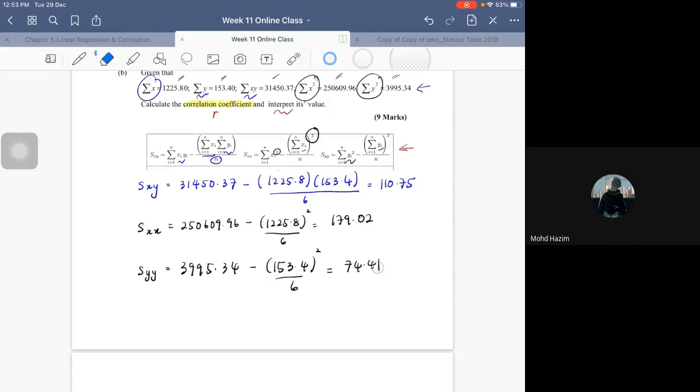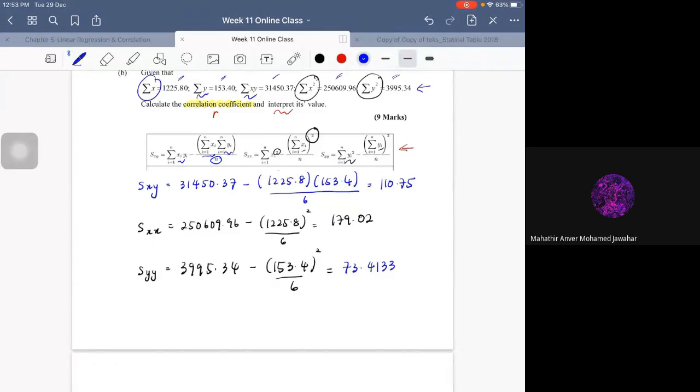So is it exactly 2 decimal places? Remember that we're supposed to do our calculation with 4 decimal places. So this is exactly 73.41. There's no more numbers at the back. 73.413, 3 again. Okay, so it's 73.4133.